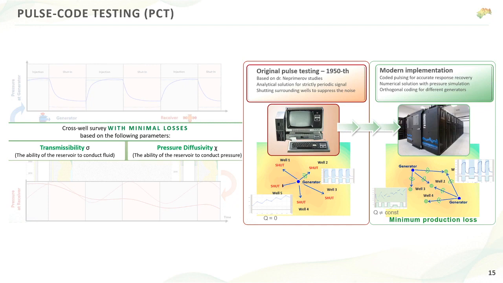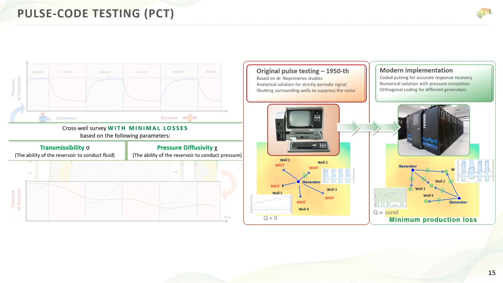So the idea is quite old. I think the idea of pulse testing has been developed in the 1950s and has been widely used ever since, across the world actually. And the idea is to create a pressure disturbance in one well, which you call a generator, and to set the pressure gauges in offset wells, which we call pressure receivers, and try to see the response of these receivers to the signal which we send in generators.